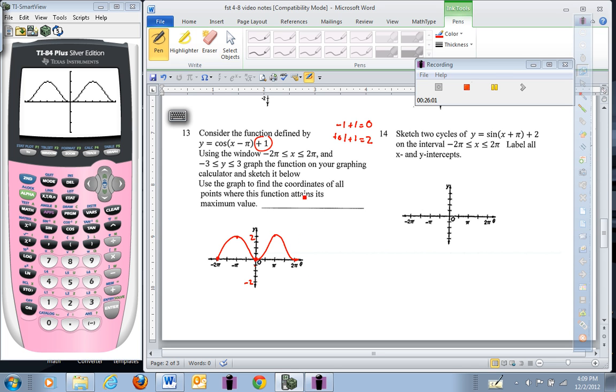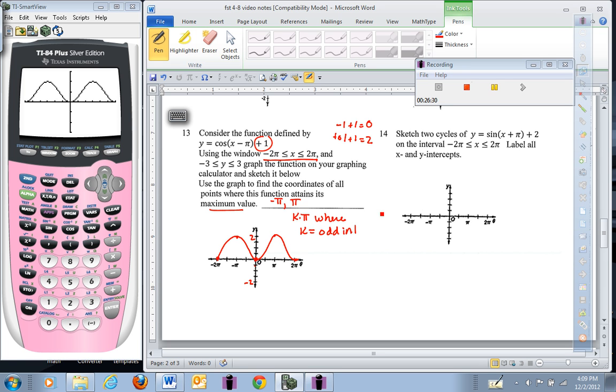Okay, exactly what did it ask us to do? It says use this window, so we're restricted to this window, so we're just going to stop it at those 2 points. And then we're also going to find all the places where it's at its maximum value. That was at negative pi and at pi. It would wind up being k times pi, where k equals an odd integer, if you're going to write the whole pattern out. Hopefully that's what you got when you did it.